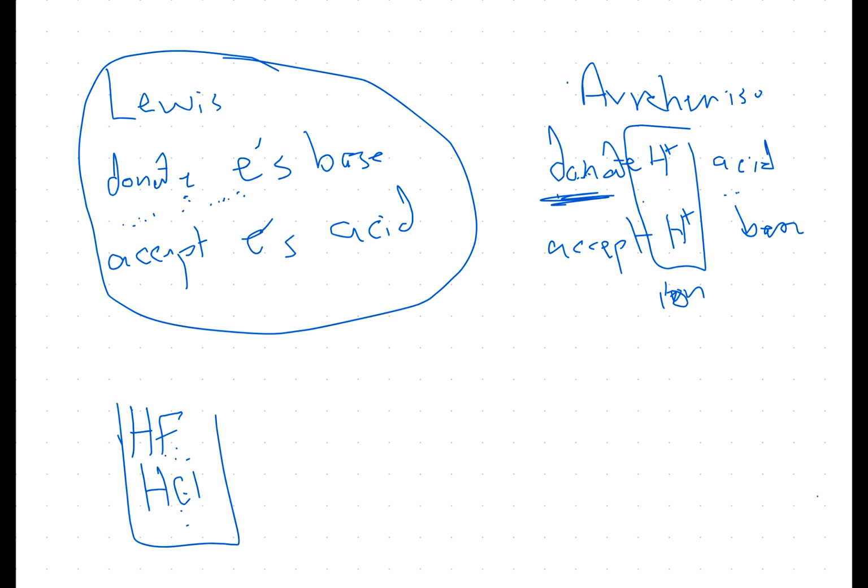But we will know which one can accept and which one can't in the question itself. It will say. Usually for the one who accepts, I will add H and put minus or plus. For example, water. Do you see water plays two roles?